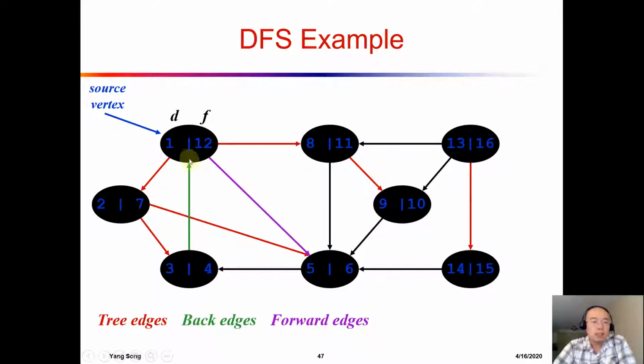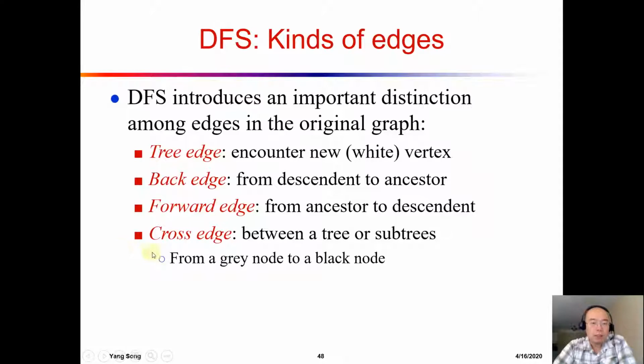So this is the grandparent, parent, and the child. However, there shouldn't be another path from the grandparent directly to the child. So this edge is not part of the tree structure either, and that is a forward edge from the ancestor to the descendant.